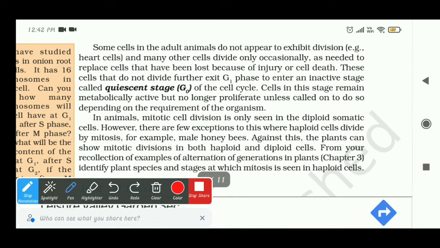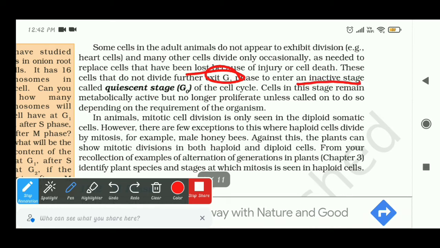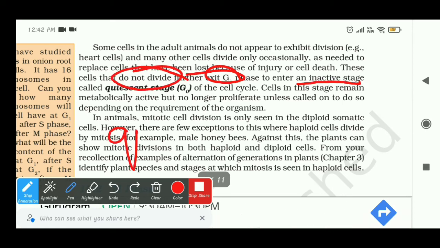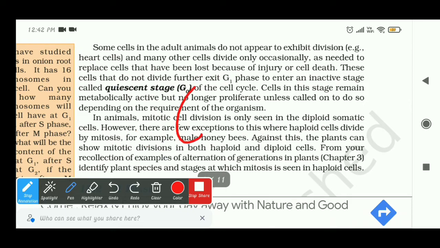So these cells which do not divide will exit the G1 phase and enter an inactive stage which we call the quiescent stage, denoted by G naught.